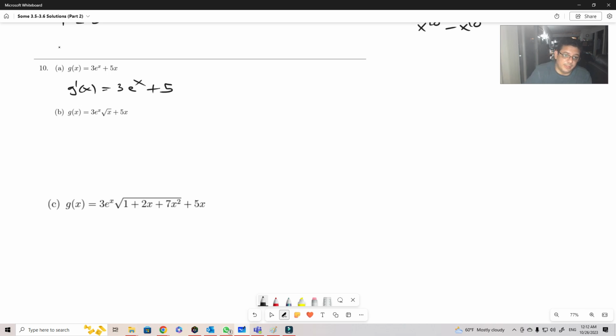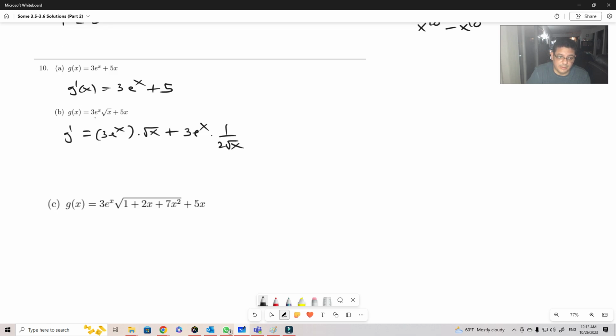Now for this one, we do have a little bit more complexity. Now we're being multiplied by this square root here. And so that means that g prime is actually going to interact with this. And so we have the derivative of 3e to the x, which is itself, times the square root of x, and now plus 3e to the x, because it is the function, times 1 over 2 square root of x.